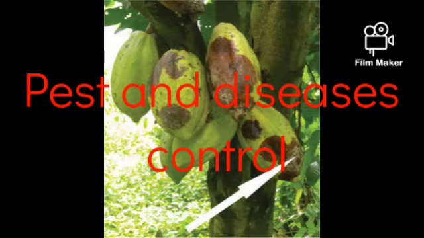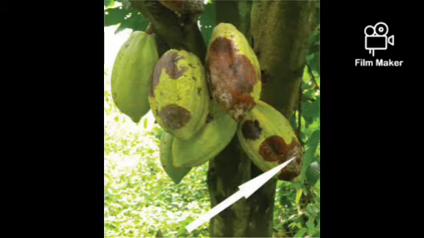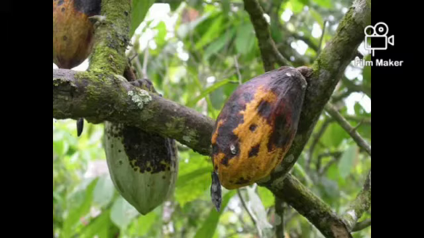Pests and diseases control. The control of pests and diseases is paramount in farming operation. This cocoa tree is affected with black pod disease. There is need to spray them and get rid of the causative organisms.